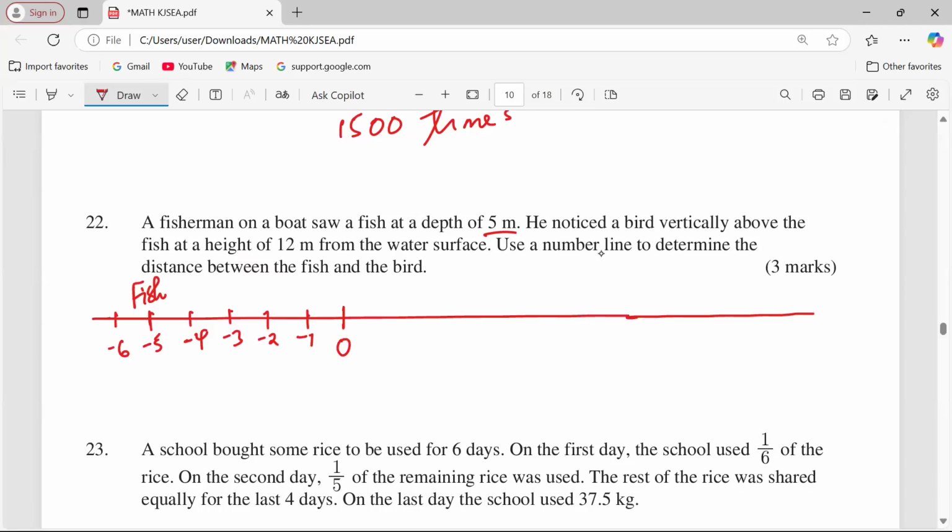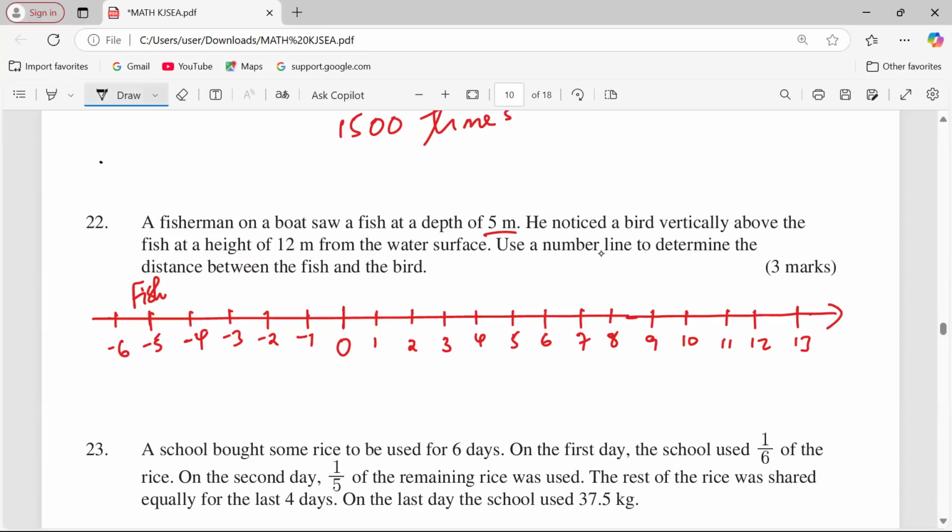Then we have the bird above the water surface: 1, 2, 3, 4, 5, 6, 7, 8, 9, 10, 11, 12, 13. The number line can continue increasing.